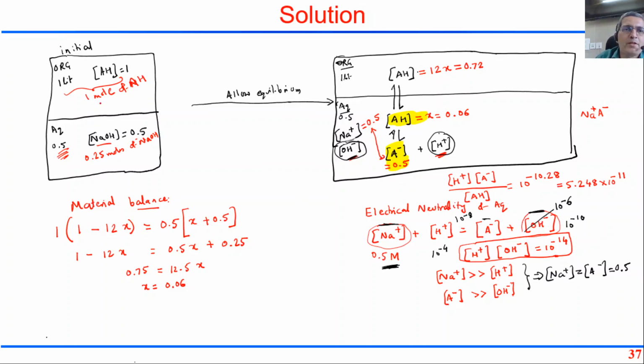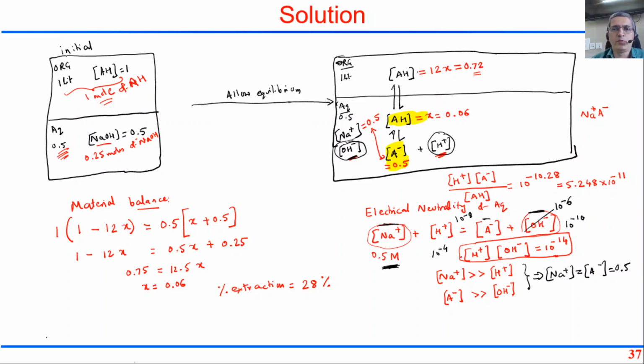So out of the initial 1 mole, 0.72 moles are remaining in the organic phase. Percent extraction would be 28%. 28% would be extracted, 72% would remain. So couple of things again.